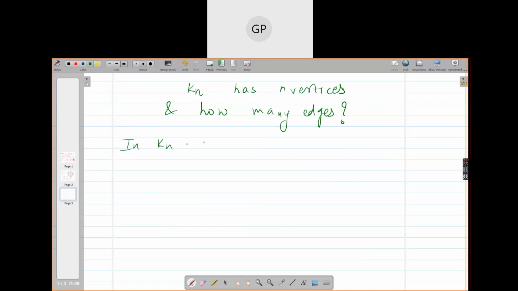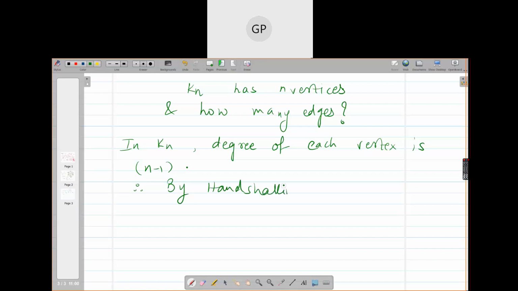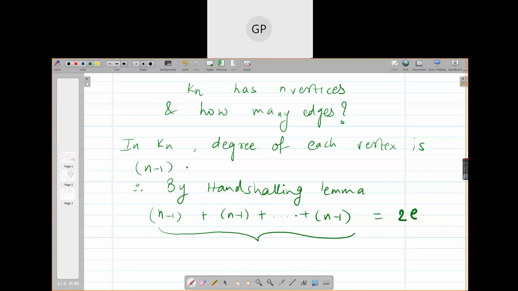In Kn, what is the degree of each vertex? N minus 1. It is adjacent to all the remaining n minus 1 vertices. Therefore, by the handshaking lemma, n minus 1 plus n minus 1 plus n minus 1, how many times will you add n minus 1?